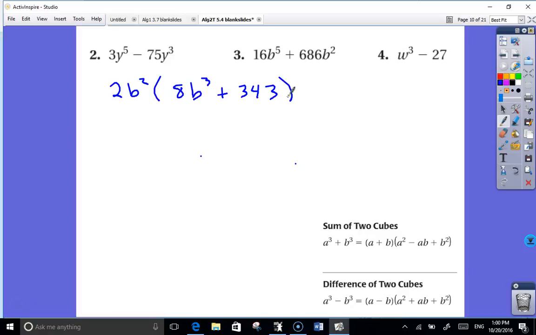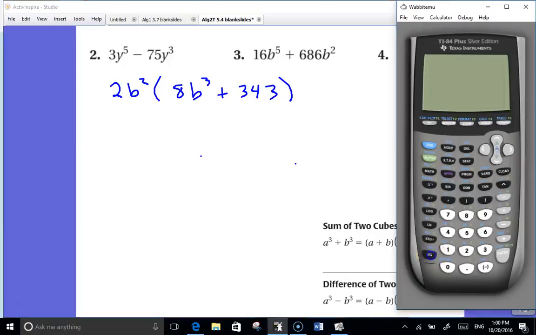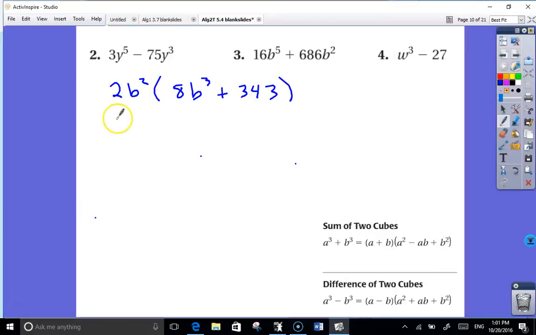How could you have your calculator give you a list of the perfect cubes? Go to y equals and put x to the third, then look in the table of values and scroll down until you see it. In fact, it's 7. When x equals 7, y equals 343. So that's 7 cubed.